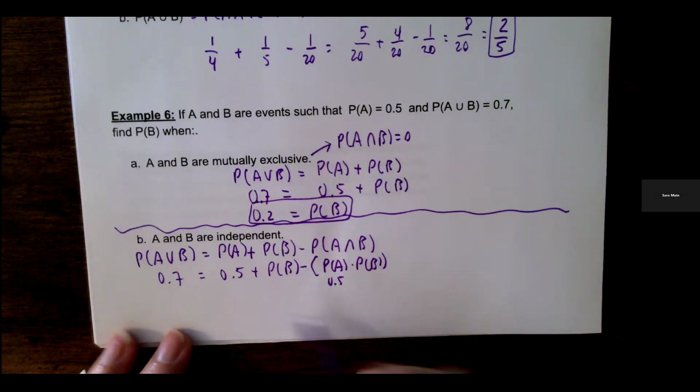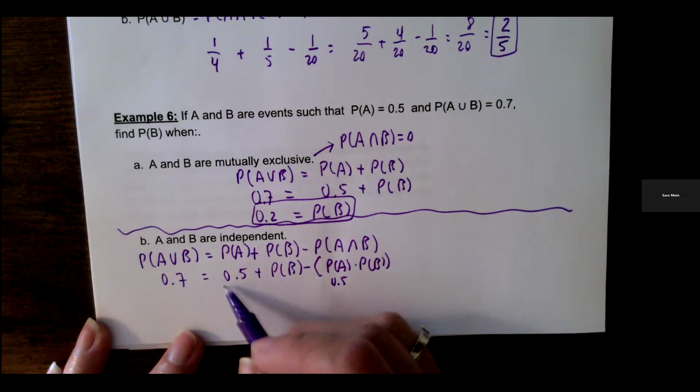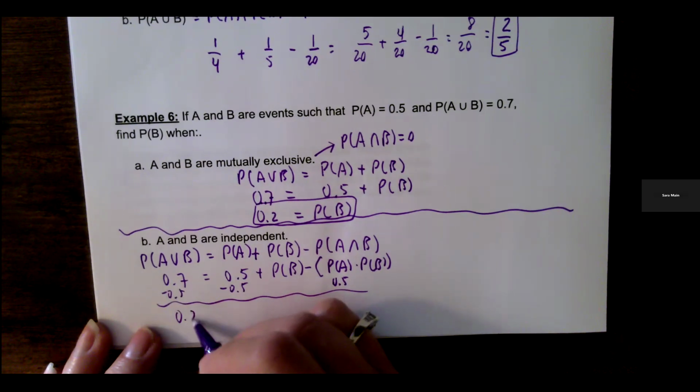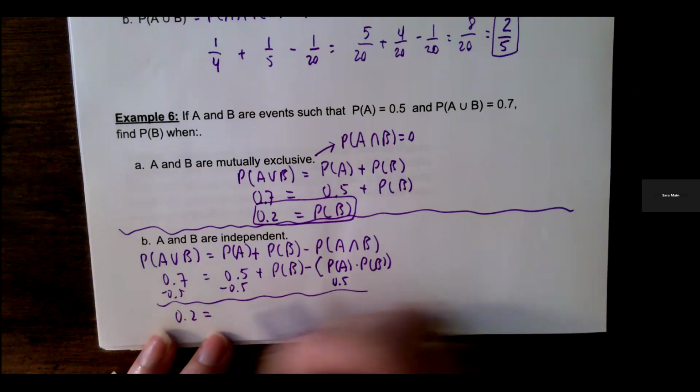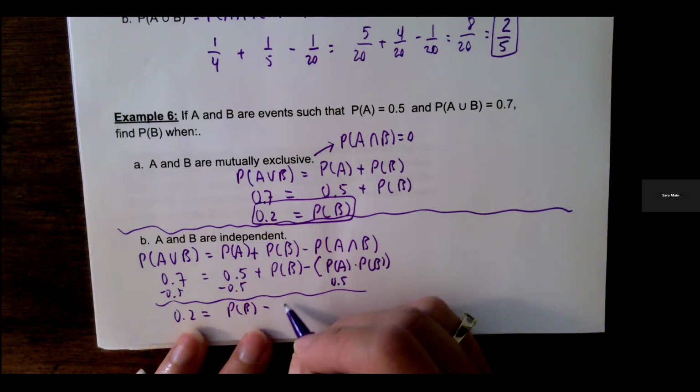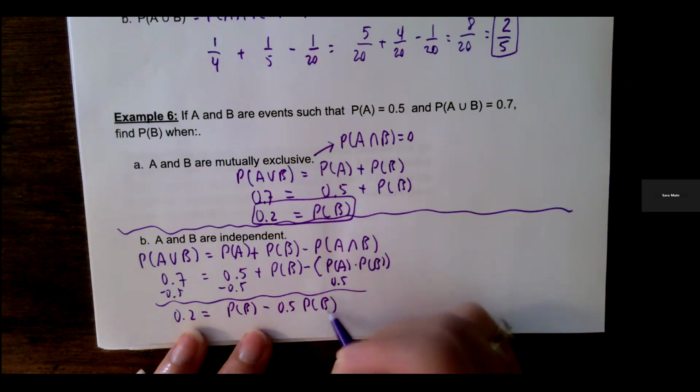Okay, so let's subtract out the constant, the 0.5. So we have 0.2 equals probability of B minus 0.5 times the probability of B.